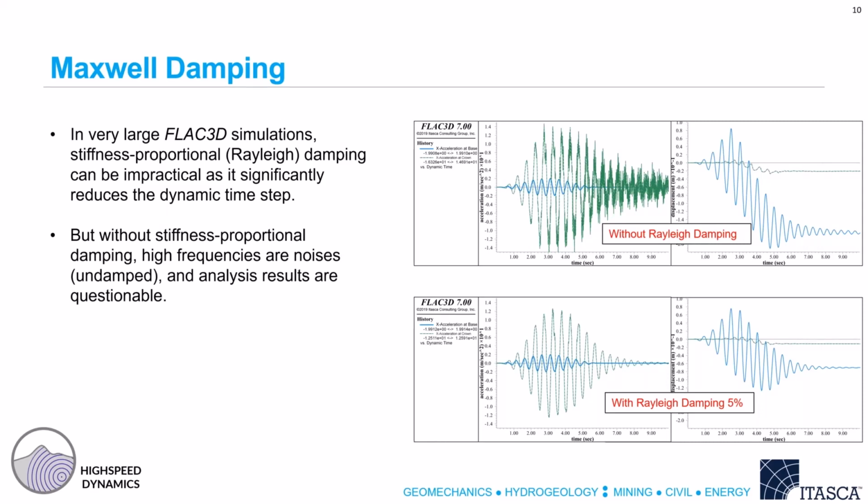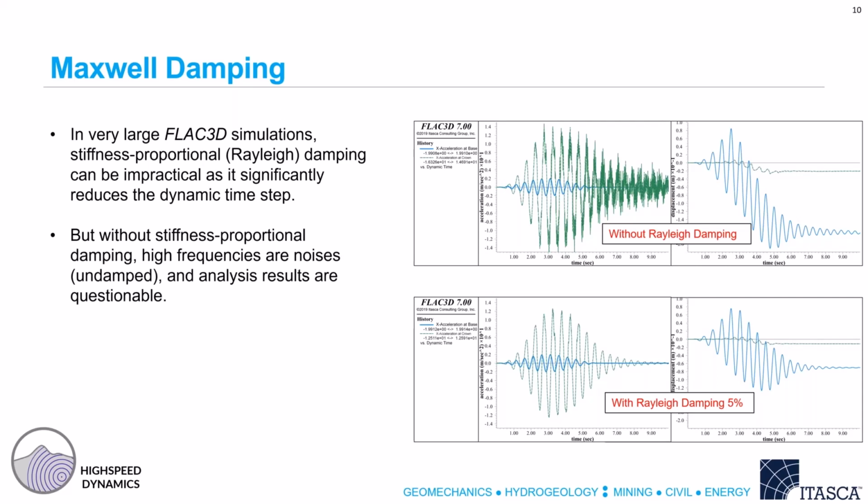So let's go back to the Maxwell damping. In very large FLAC3D simulations, stiffness proportional or Rayleigh damping can be impractical because it significantly reduces the dynamic time steps.